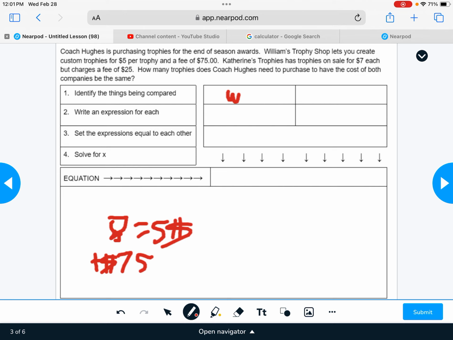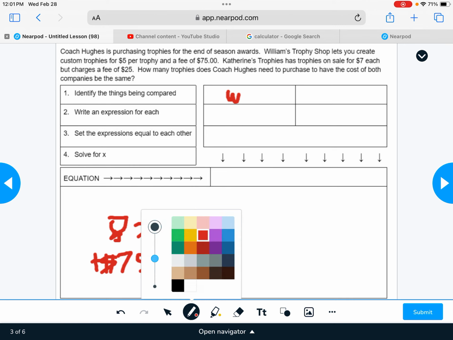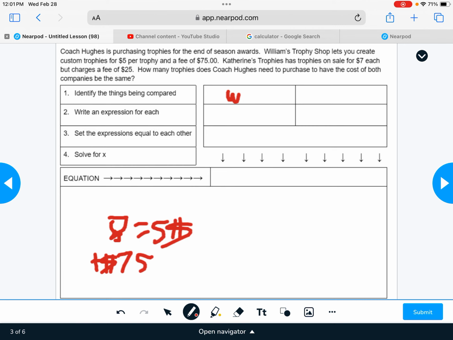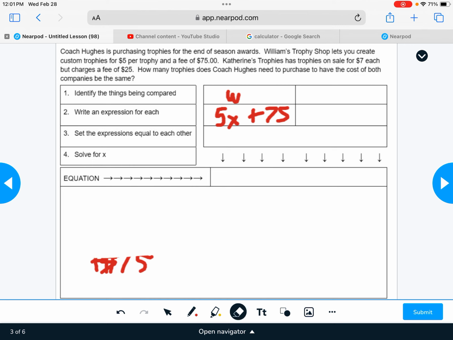Well, it kind of depends on how many trophies he's got, right? So if the number of trophies goes up, the price goes up by how much? $5. That's where I understand that my 5x, x being how many trophies he gets, because we don't know how many he's going to buy, plus that $75 is going to be what the expression is for Williams Trophy Shop.